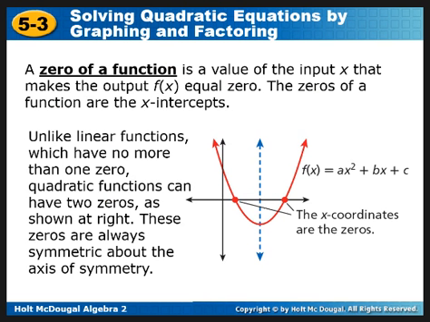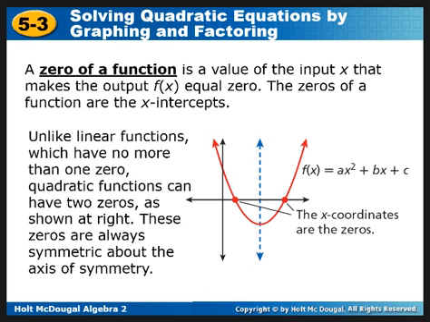All right, now I alluded to this on the previous slide, but we'll clear up what we're talking about again. The zero of a function, or the root of a function, is exactly what this picture in the bottom right-hand corner of the screen is showing.